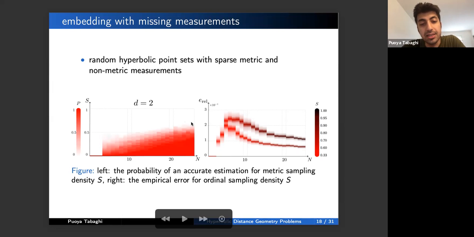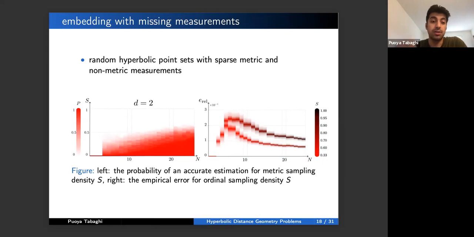This basically shows the maximum sparsity level grows with the number of points that you generate. This is kind of similar to Euclidean spaces as well. So the more points you have, the sparser your distance measurements can be.